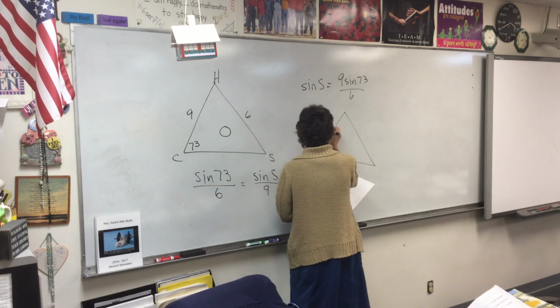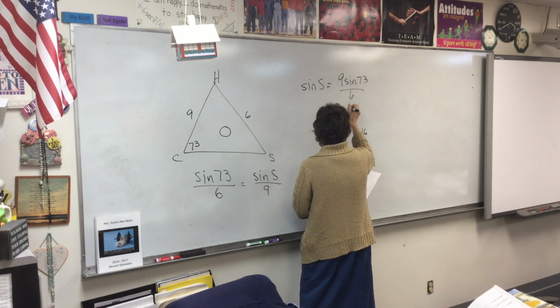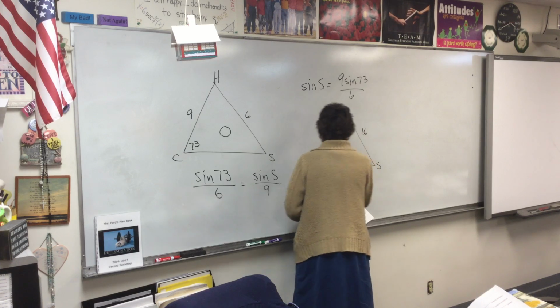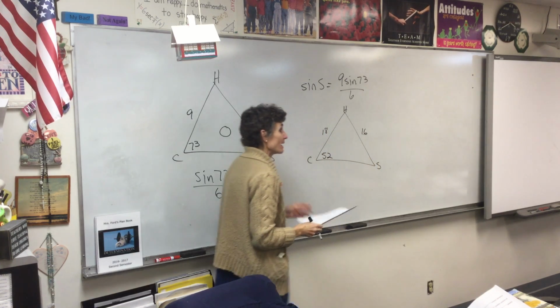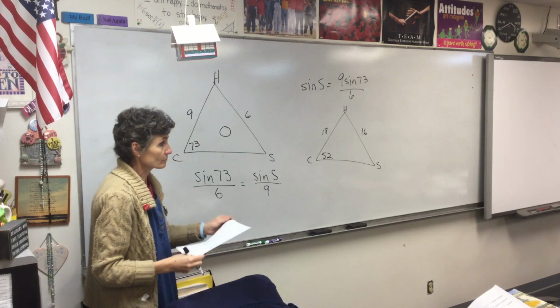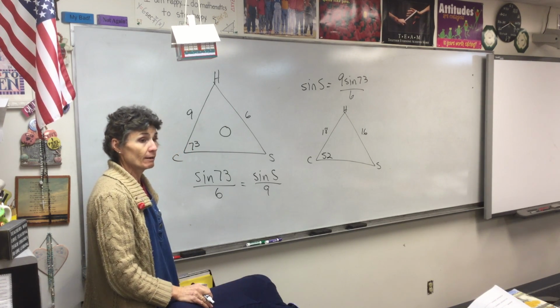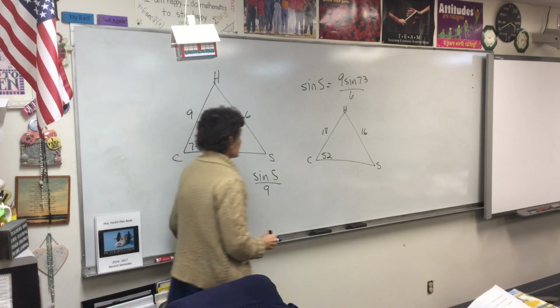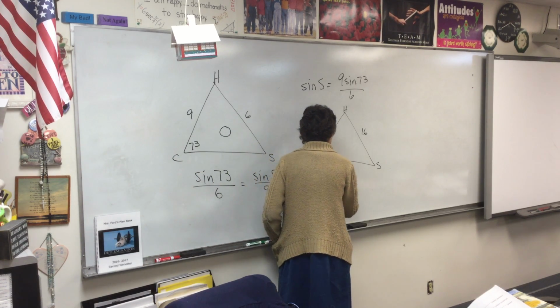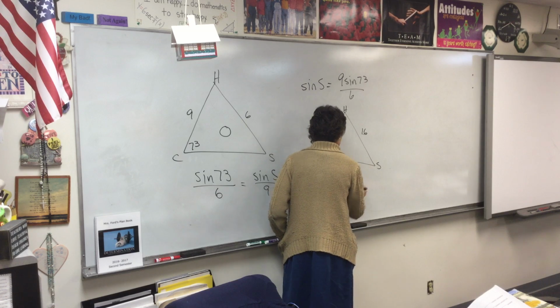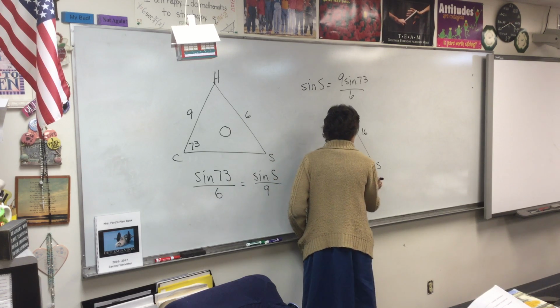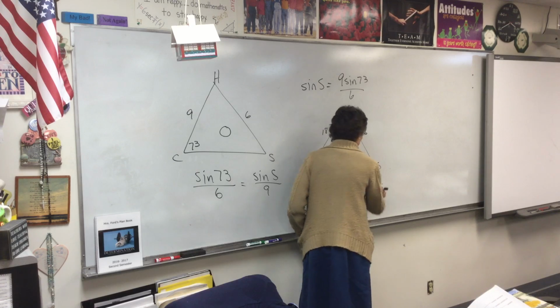All right, so now we're ready for problem 2, which, by the way, we will set up exactly the same way. The numbers are different, but the setup is identical. So once again, we'll use our law of sines. So sine 52 over 16 equals sine s over 18.